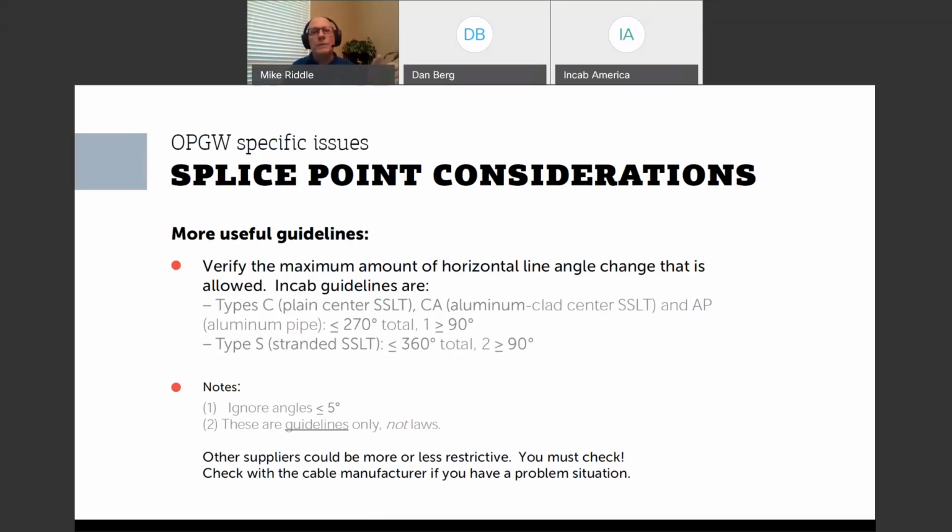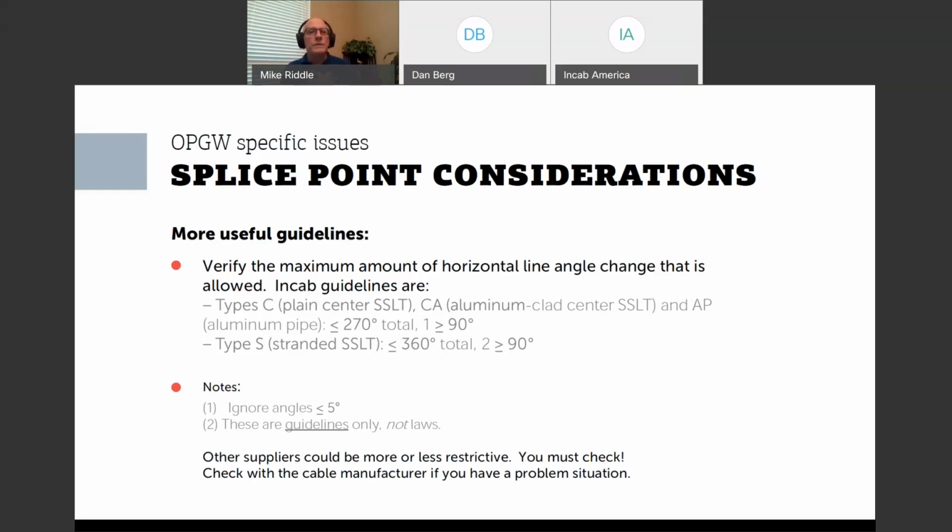So a center tube cable is inherently going to have a lower maximum rated design tension. And typically it's going to be around 50% rated breaking strength. So once the tension goes above that, the fibers are experiencing tension. The zero fiber strain margin is going to be around 50%, and then the maximum rated design tension is going to be 60%.